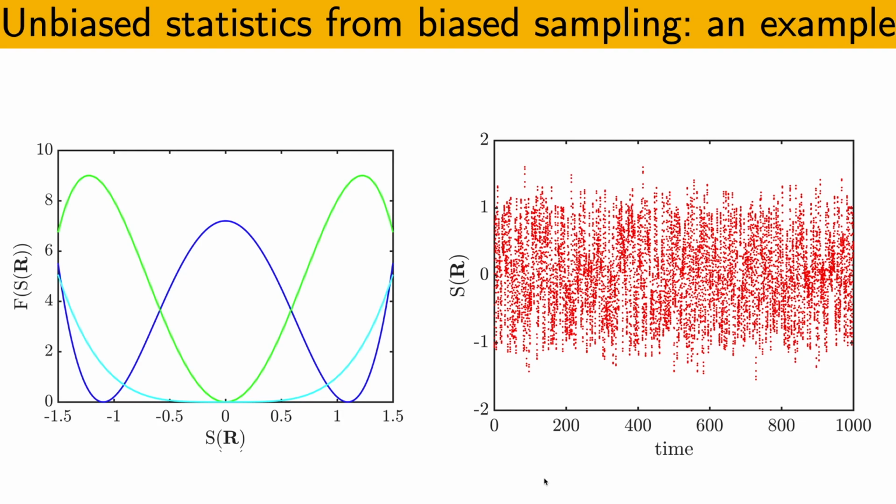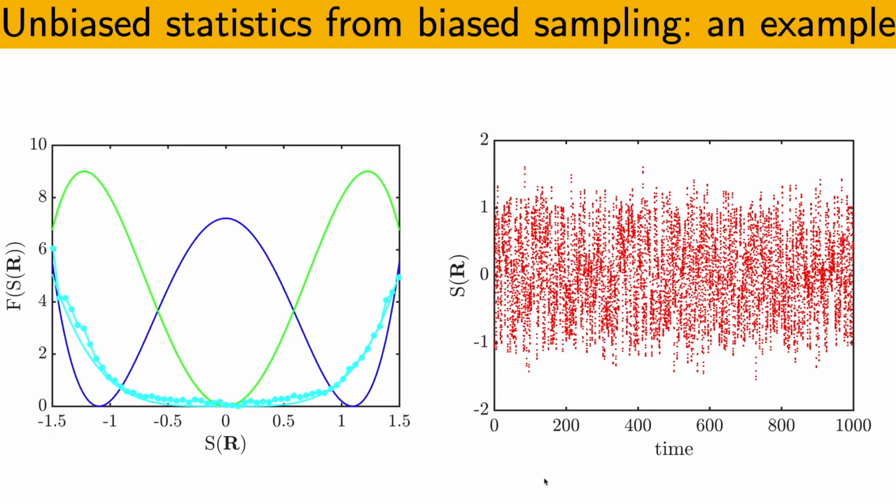Now, if we take this sampling obtained from the biased simulation and estimate a biased probability density using the samples obtained from this trajectory, we get something that, once inverted, captures the biased free energy surface. So it captures the effective free energy surface over which the system is evolving: the sum of the real free energy surface and the bias potential in the collective variable space S.